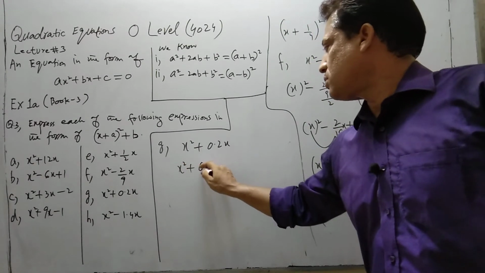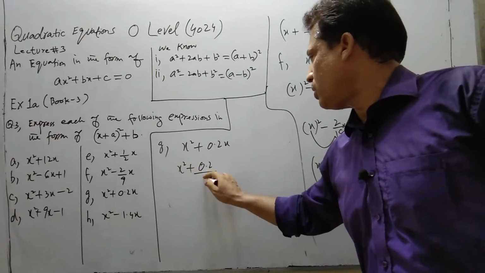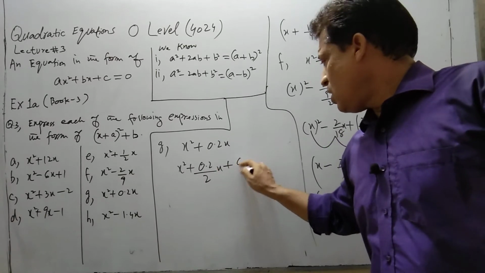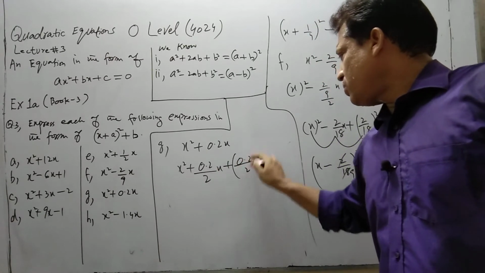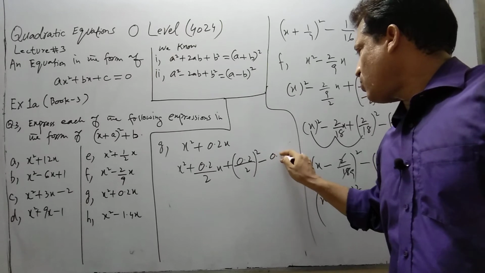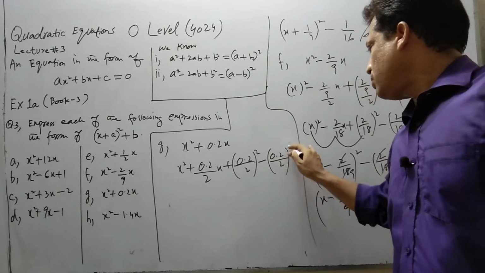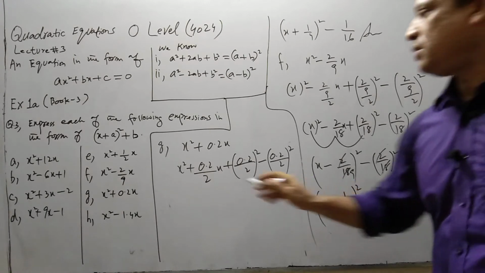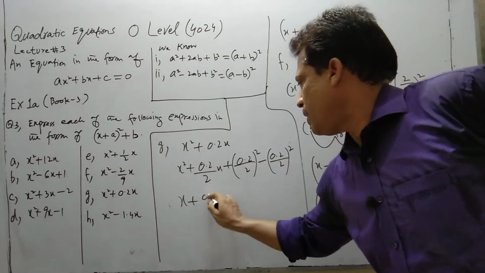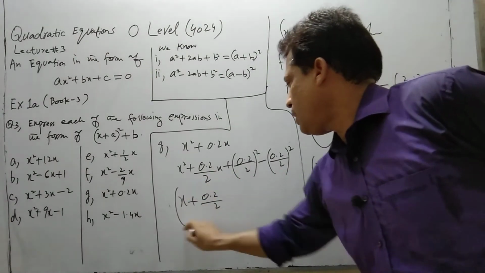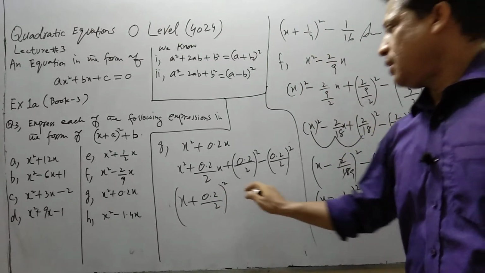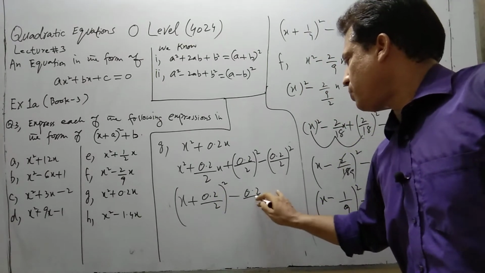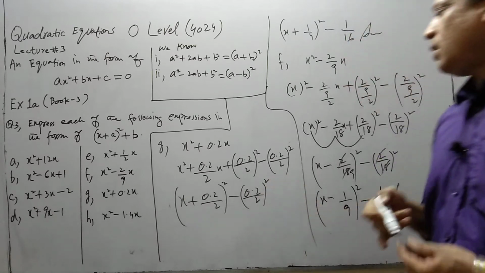X square plus 0.2 upon 2x, 0.2 upon 2 square minus 0.2 upon 2 whole square. And the next step is a plus b whole square minus 0.2 upon 2 whole square.